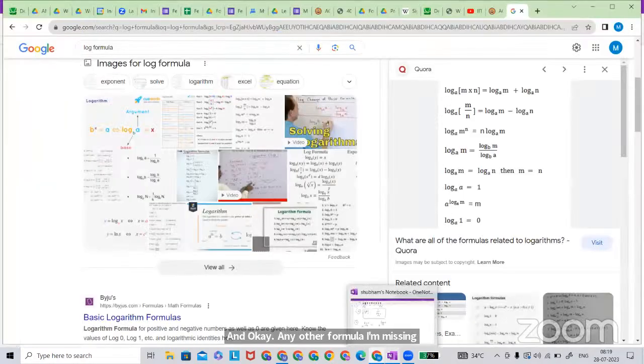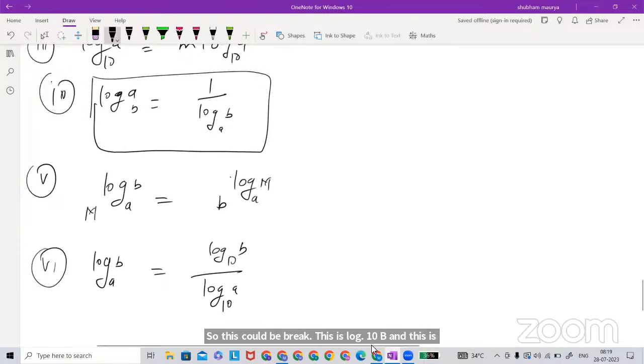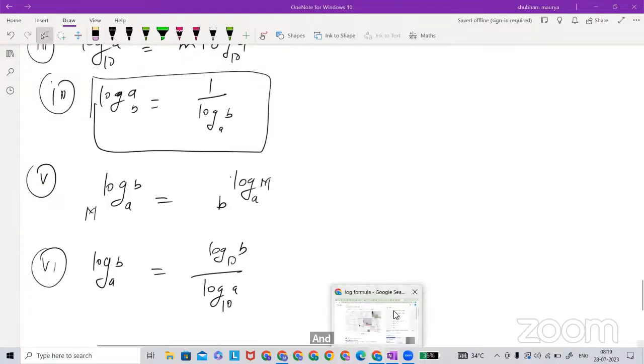Okay, a to the power m, a by, yeah, that's the dividing form, no? If you have log base A of B, assume A and B are positive. Always assume A and B are positive. So this could be broken into log base 10 of B and log base 10 of A. Any other formula I'm missing?